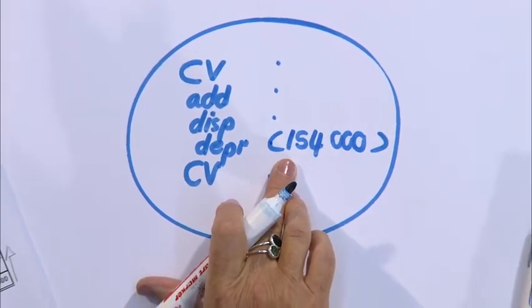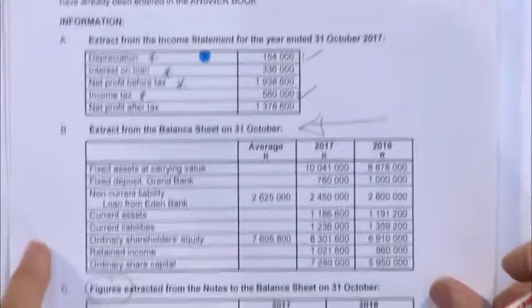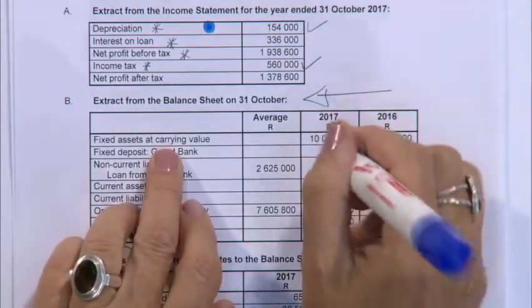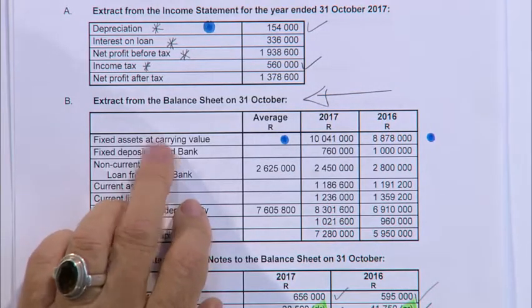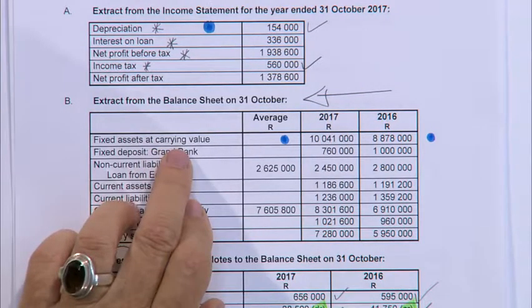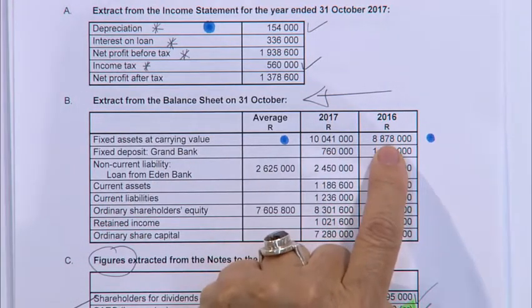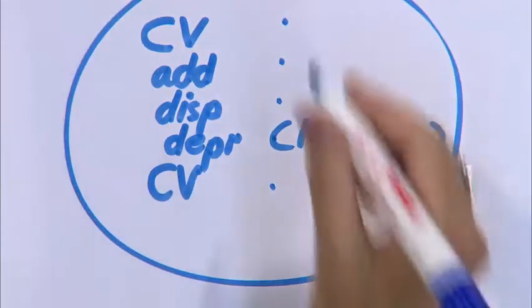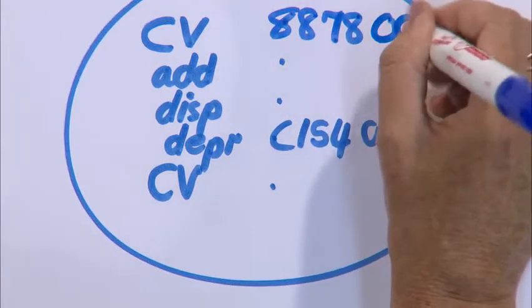What else do I have? The carrying value is what is shown to me in a balance sheet right there. I'm going to use the blue pen now. In other words, fixed assets at carrying value, I can fill in two more amounts. Let's start with last year at the top, 8,878,000 rand.